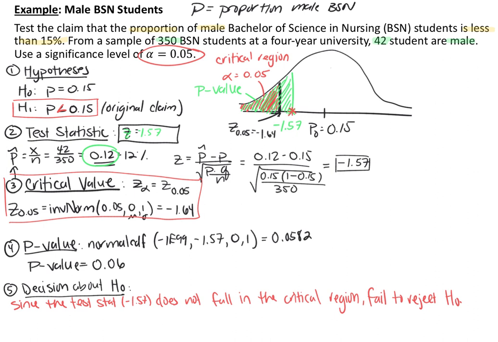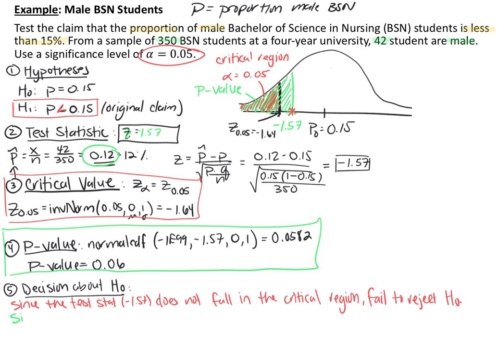Now let's take a look at the p-value method. The p-value method should lead us to the same conclusion as the critical value method. It involves comparing the p-value to our significance level. Notice here that the p-value is the green shaded region. It's much larger than our significance level, which is the red shaded region. If our p-value is greater than our significance level, we always fail to reject the null hypothesis.